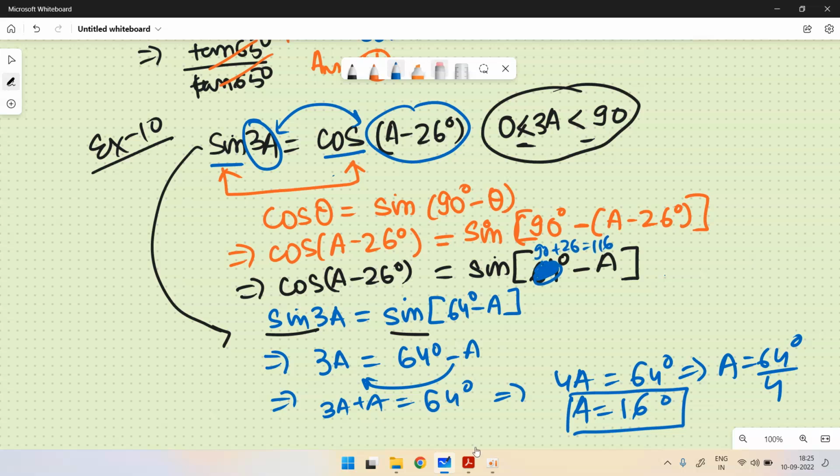So this becomes sine of 116 degree minus a. So 4a equals 116 degree, and 116 degree by 4 is 29. A is 29 degree.